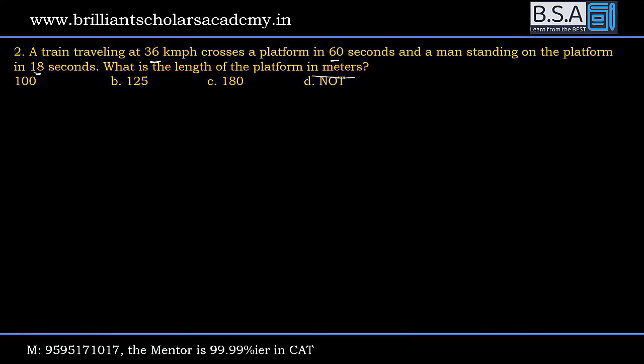So here, first thing, the information of time is in seconds and we want the platform in meters. So you must convert 36 into 10 meters per second.